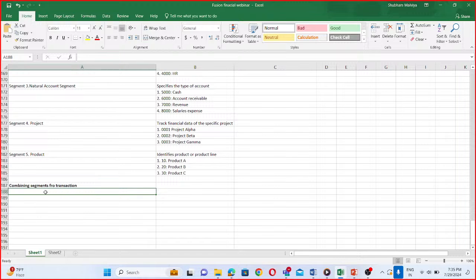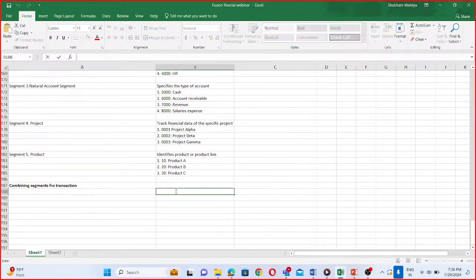Let's say when ABC Corporation records a financial transaction, it uses the segments to categorize and detail the transaction. Let's say, a very good example I have. Let me give the example.